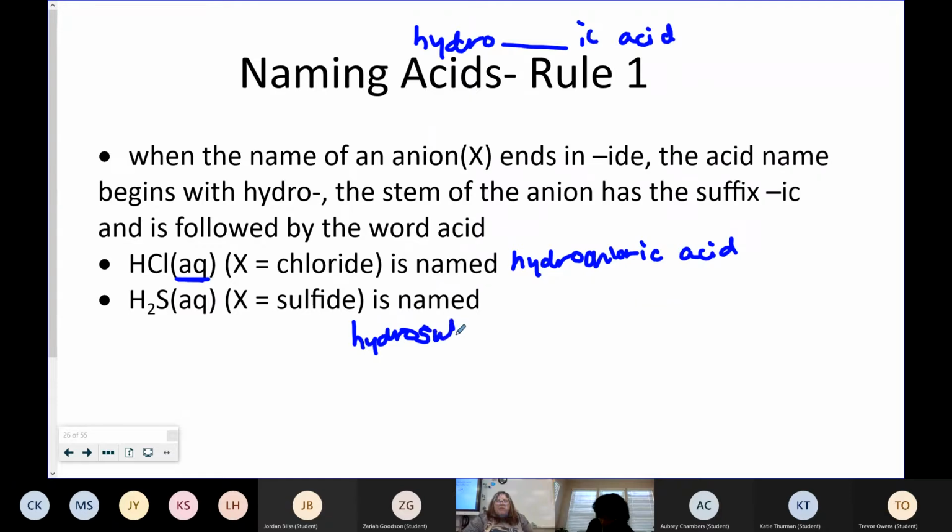That's one of the ones that regains its original letters, and -ic acid. It does that because if it was hydrosulf-ic acid, that sounds weird. But hydrosulfuric acid would be the name of that one. You're only going to see that hydro whenever it's this rule with the -ide ending on the anion.